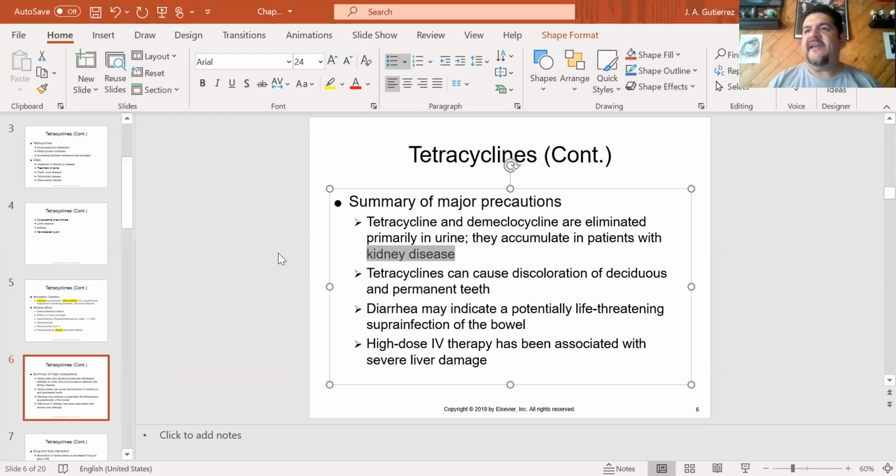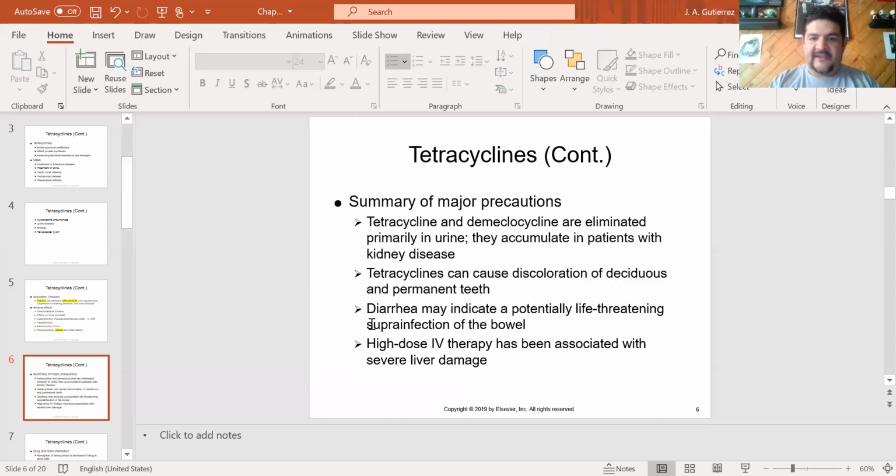It's less likely in adults. This will happen more in pediatric kids. We mentioned that when tetracyclines attach to the calcium of the bones, the only way we can see the adverse effects is with the discoloration that they produce on the teeth.